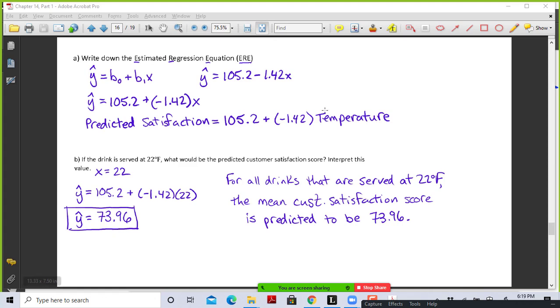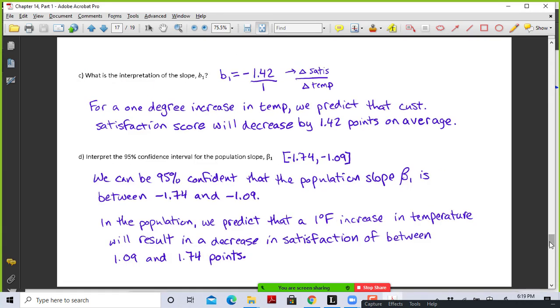That means the higher the temperature, the lower the satisfaction, because the slope is negative. If the temperature is 0, you have higher satisfaction. The lower the value, the greater the satisfaction, just because the slope is negative in this case. Okay, interpretation of the slope.